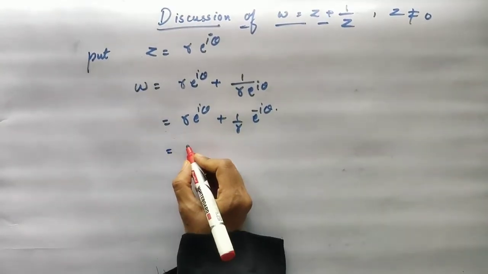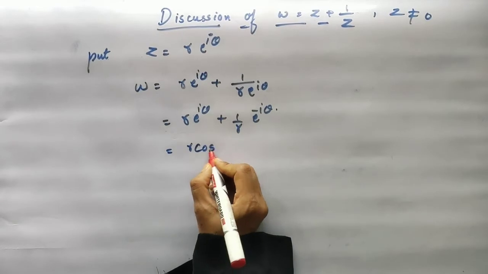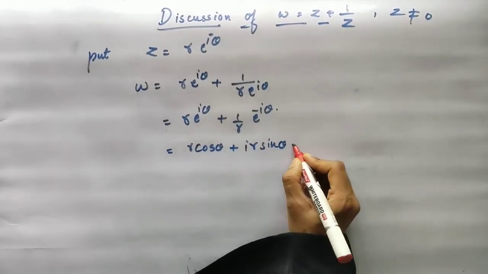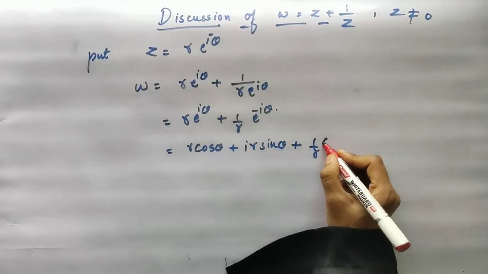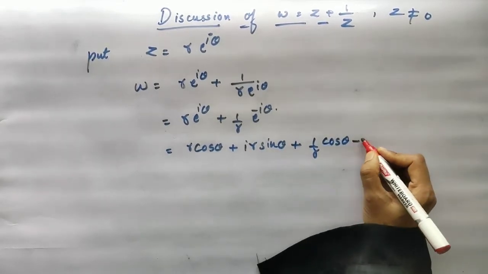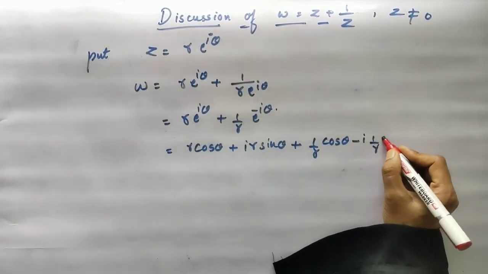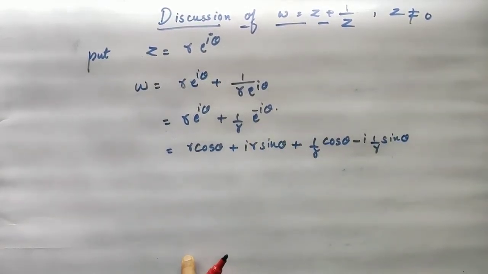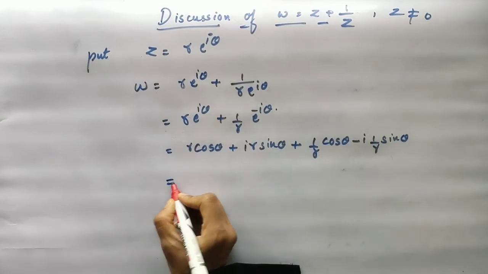Or if you expand this, it will be r into cos theta plus i into r sin theta plus 1 by r cos theta minus i into 1 by r sin theta. Just expand e to power i theta and e to power minus i theta. Now you collect the real and imaginary parts.